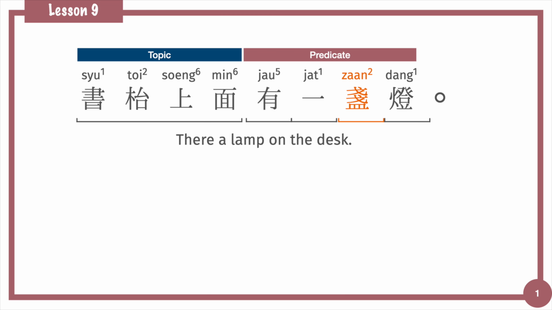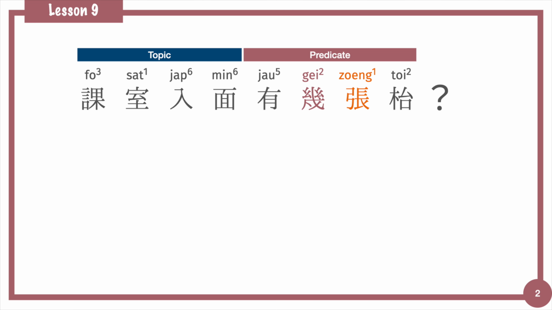Now we know how to describe the quantity of an object. Let's see how to ask an open-end question about quantity. We have learned 幾 or 幾多 is the question word for asking number in lesson 4 and 5.